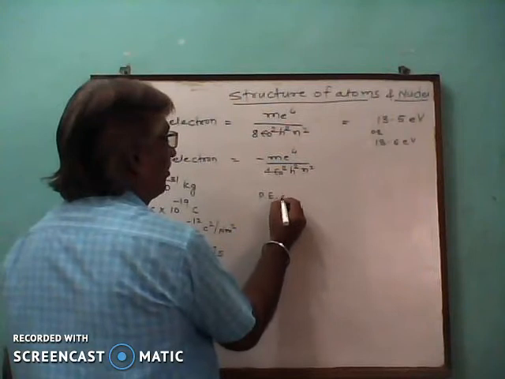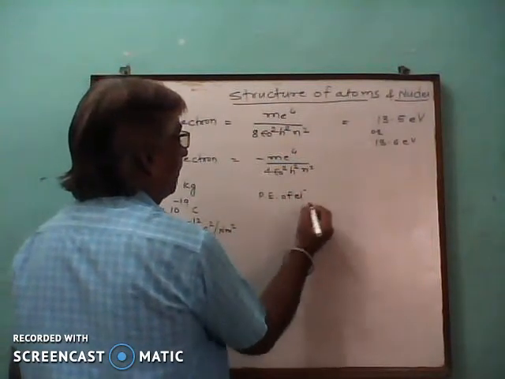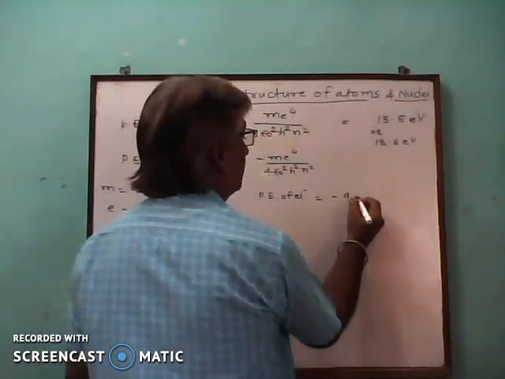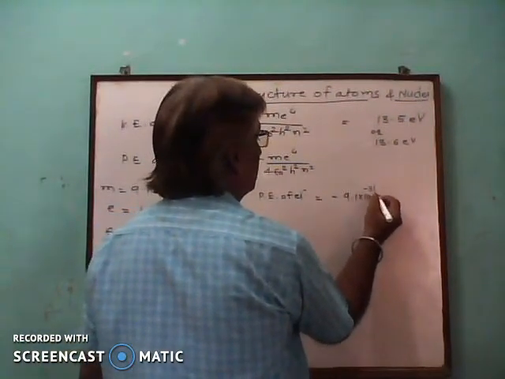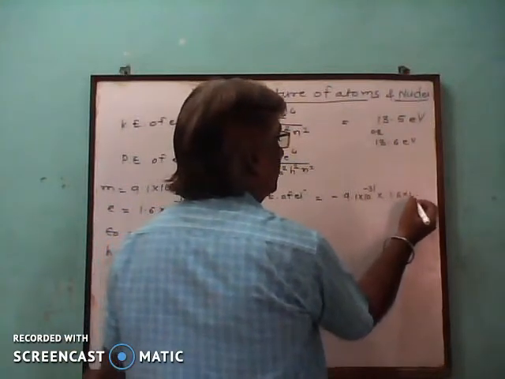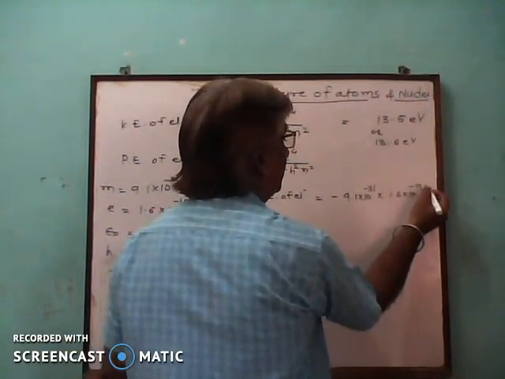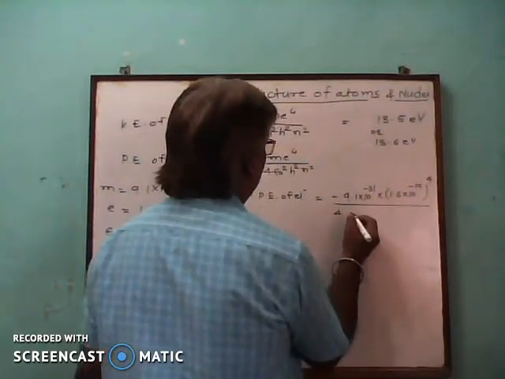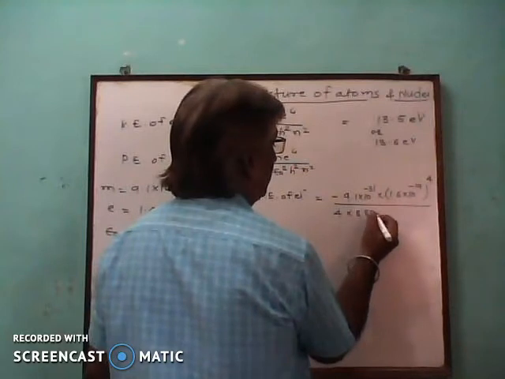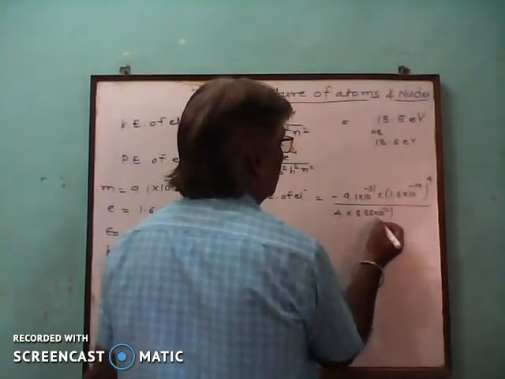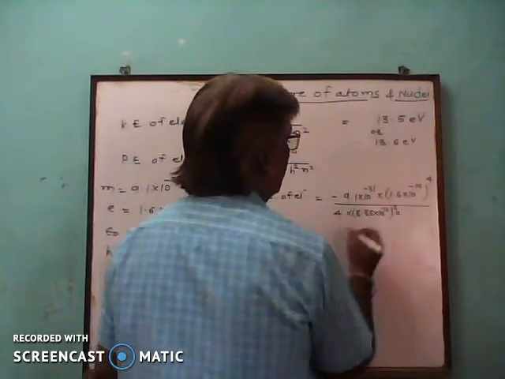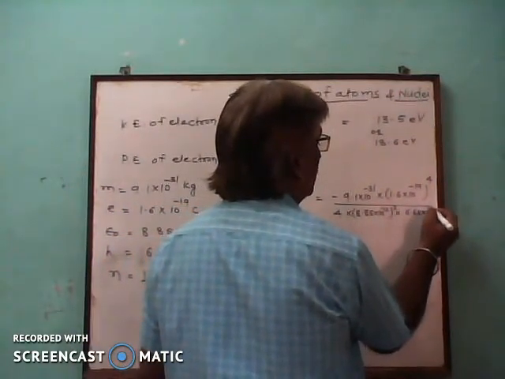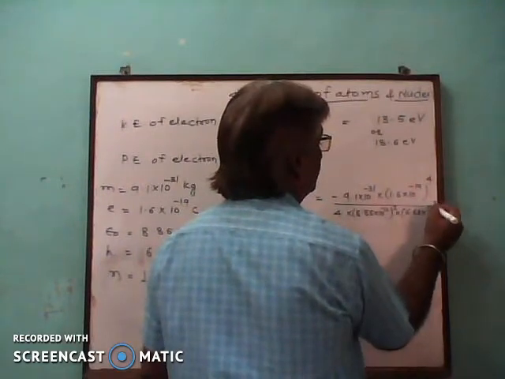Potential energy of electron is equal to minus 9.1 into 10 to the power minus 31, 1.6 into 10 to the power minus 19 raised to 4, divided by 4 into 8.85 into 10 to the power minus 12 raised to 2 multiplied by 6.63 into 10 to the power minus 34 raised to 2.